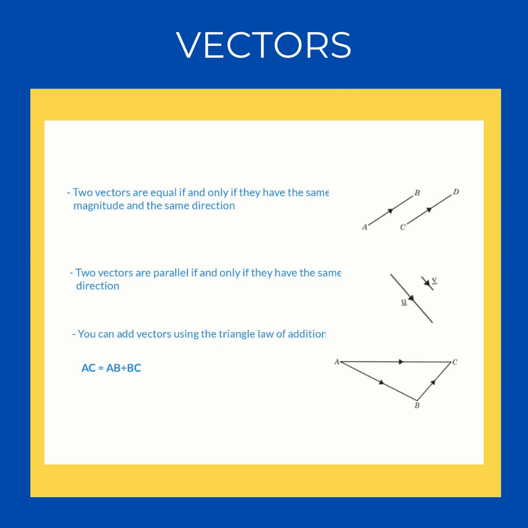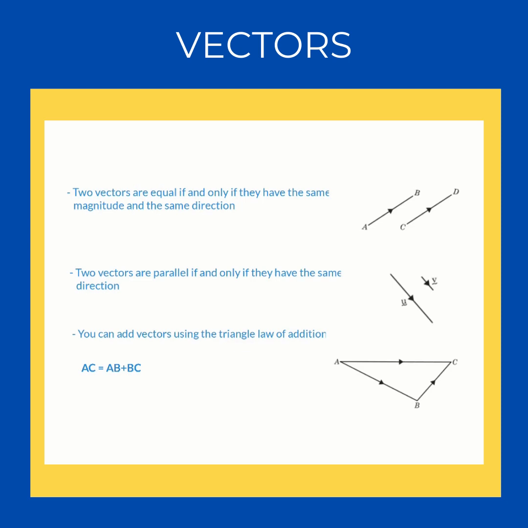So if I'm given 2 vectors, vector AB and vector CD, these vectors are equal because they are following the same direction as shown in the arrow, and the length of AB is equal to the length of CD, so their magnitudes are equal. So both vectors, vector AB and vector CD, are equal.